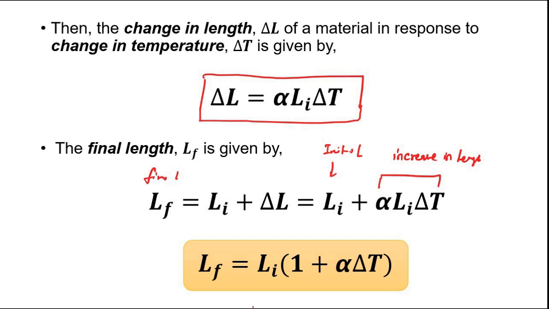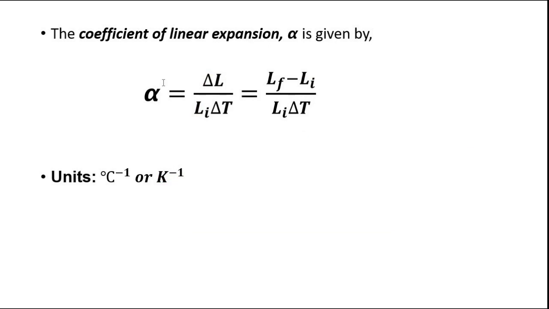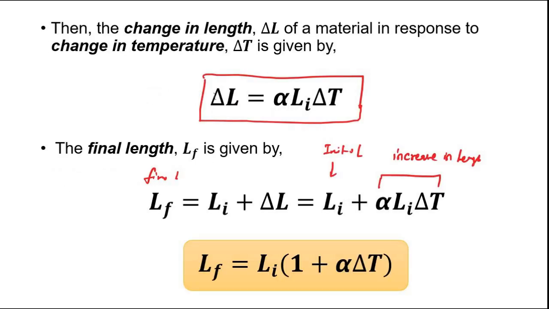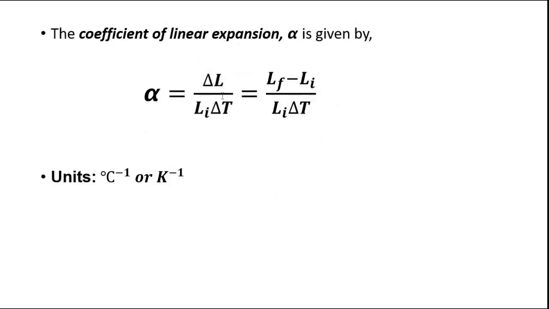We can write it in this way, taking Li common, Li into 1 plus alpha delta T. Now the linear expansion coefficient is given by alpha is equal to delta L by Li delta T. Li delta T goes to the denominator on the left-hand side.